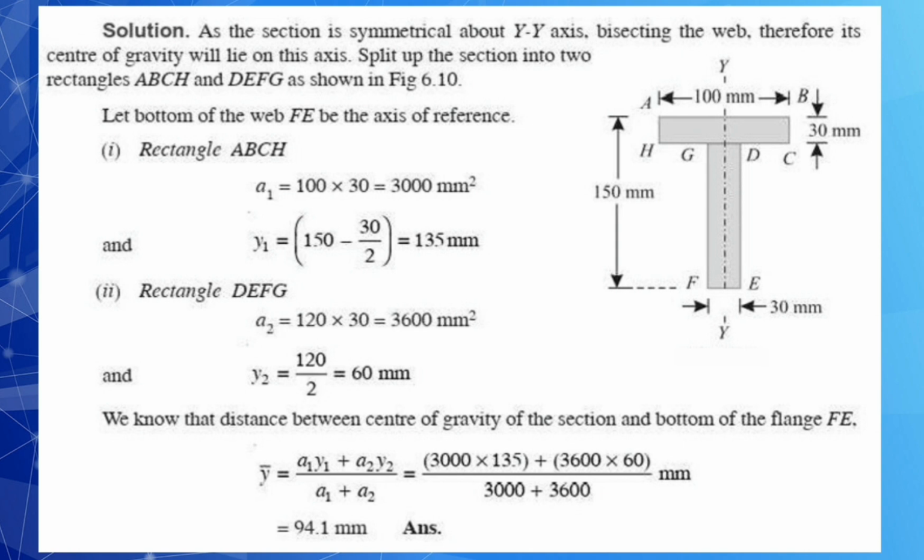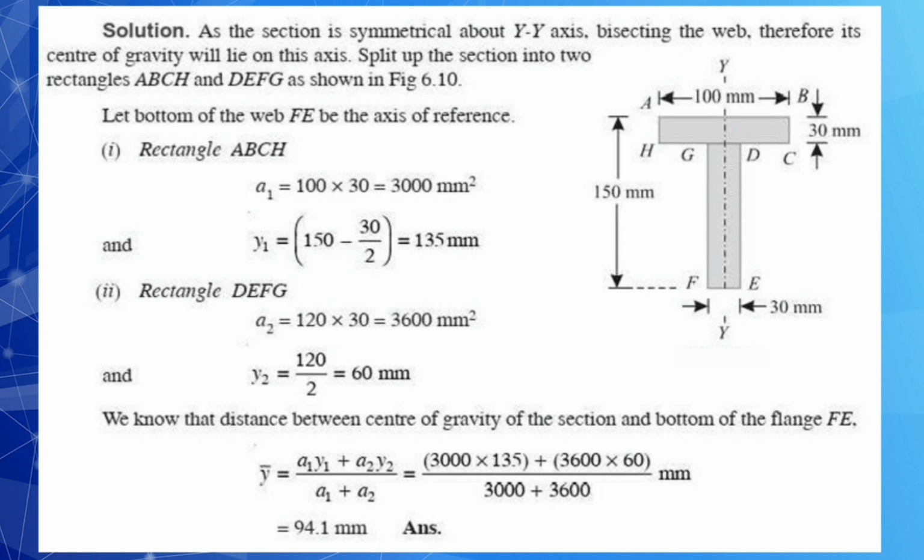Next, let's consider rectangle DEFG. Area of this rectangle, a2, is equal to 120 into 30, which is equal to 3600 mm², and y2 is equal to 120 by 2, which is equal to 60 mm.